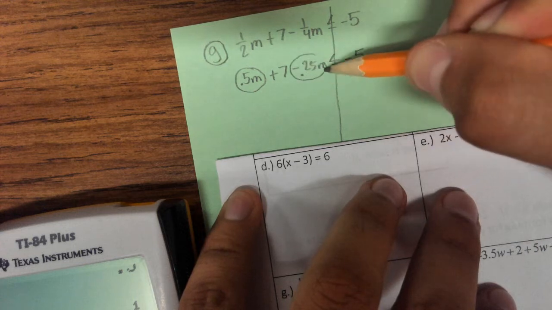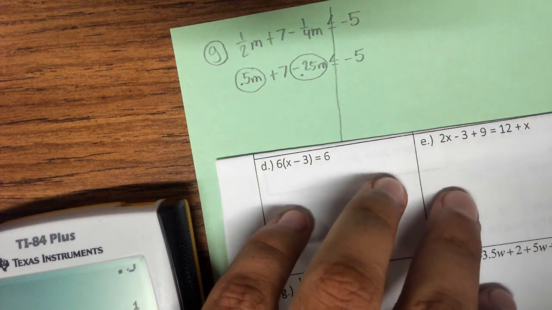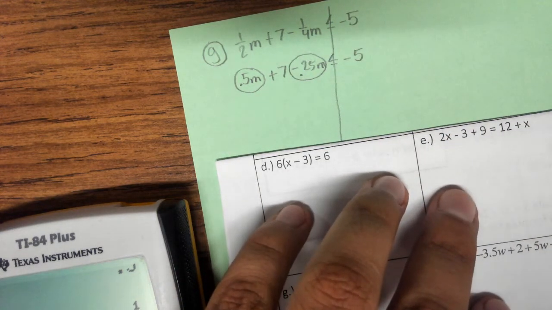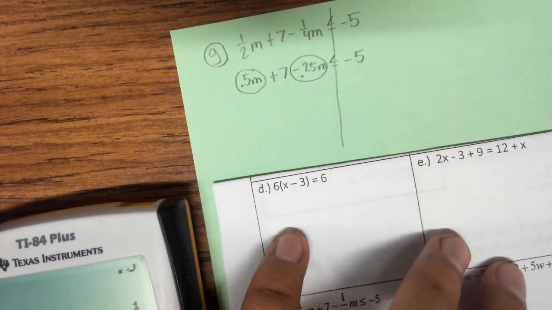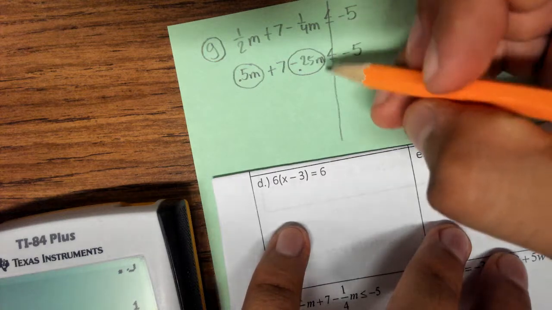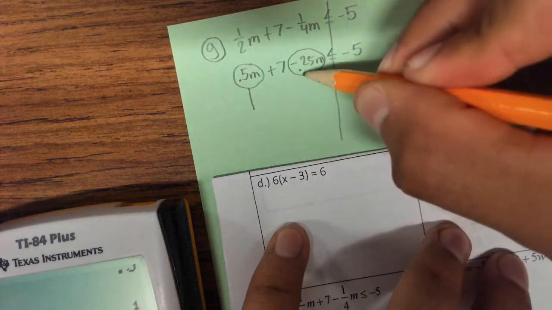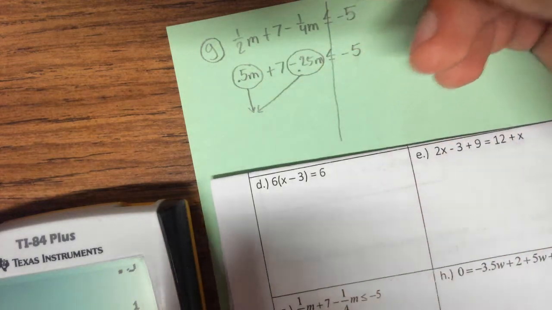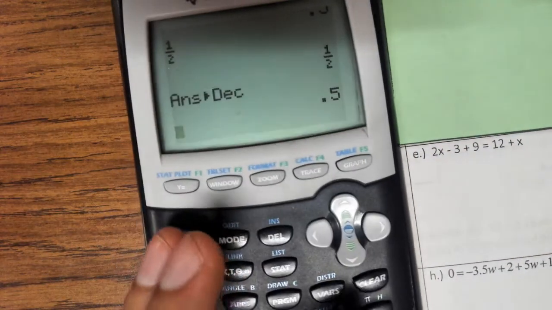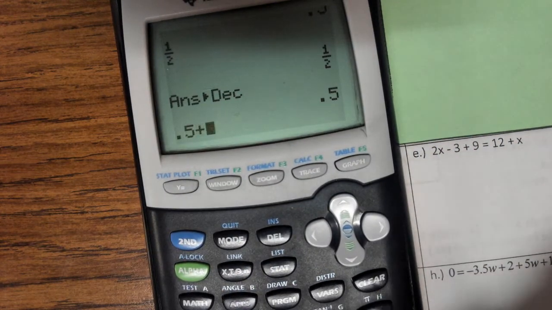Remember that the negative sticks to that second m, so we have 0.5 m and then negative 0.25 m. They're on the same side and they're the same letter, so I can put them together. 0.5 plus negative 0.25 gives me 0.25. Make sure you're typing that in correctly.